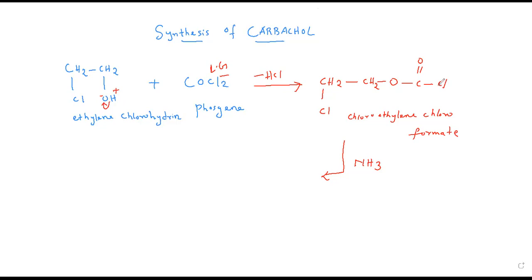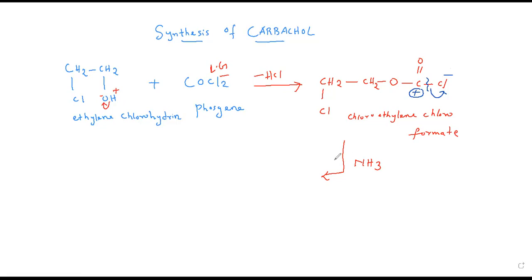Electronegativity is the tendency of an atom or group to attract electrons towards itself. If I break the bond between carbon and chlorine, the electrons migrate towards the chlorine atom, and chlorine gets a partial negative charge, and this carbon gets a positive charge.